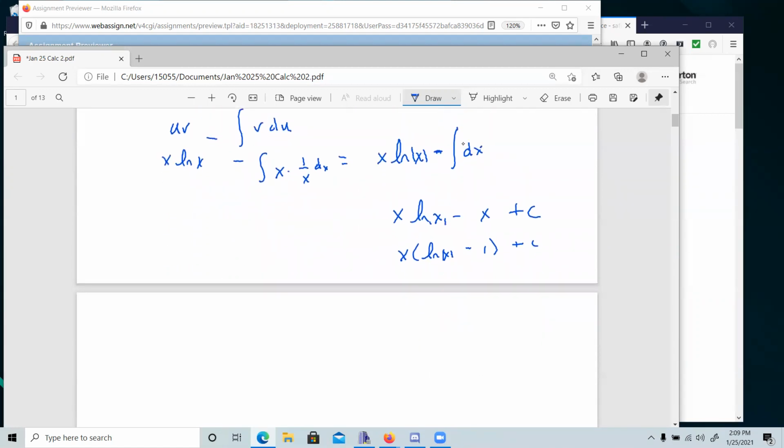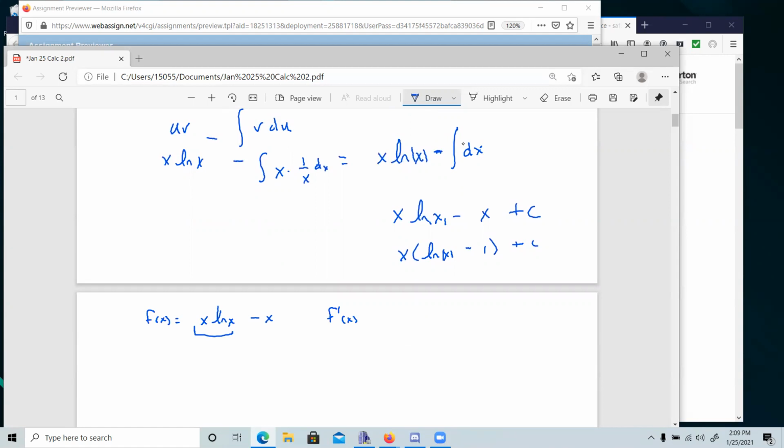Does it work? If you were in Calc 1 and I gave you the function x ln x minus x, and I said find f prime, we'd have to end up using the product rule.